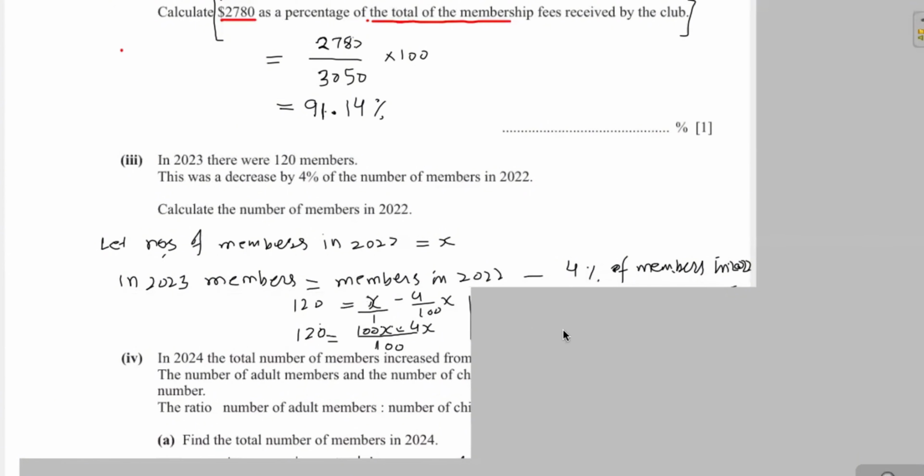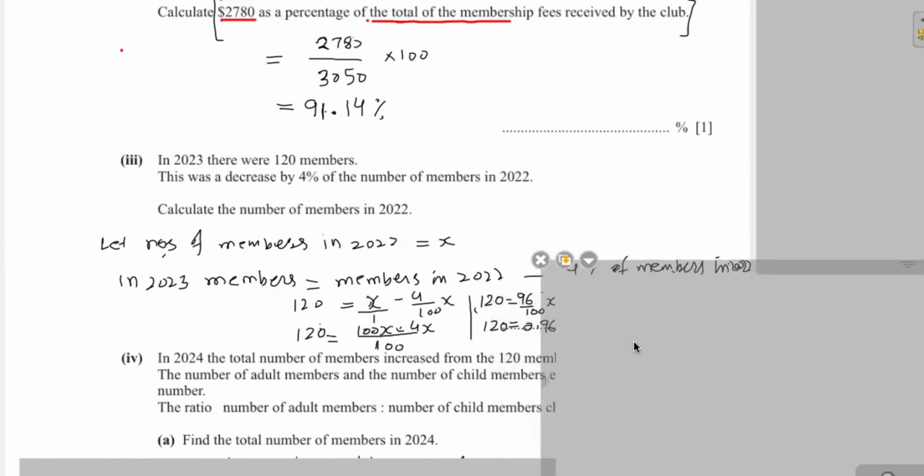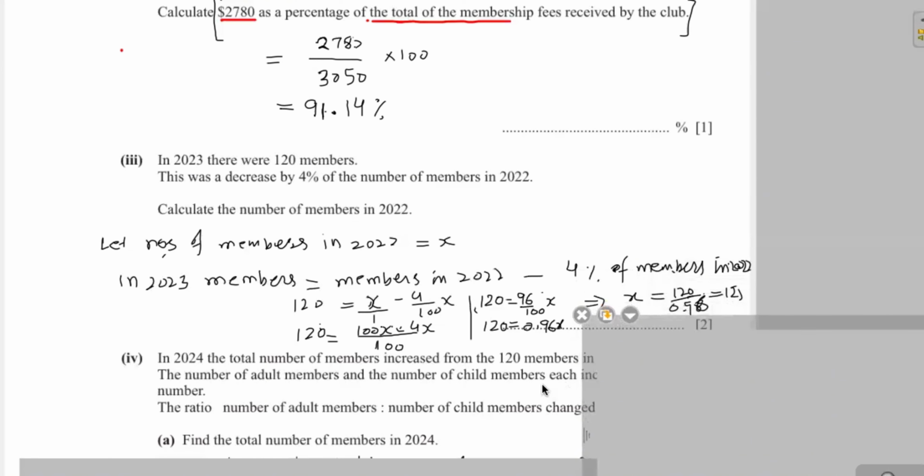Therefore, 120 equals 96X over 100, so 120 equals 0.96X. And X equals 120 over 0.96. This value will be equal to 125. And this is the answer.